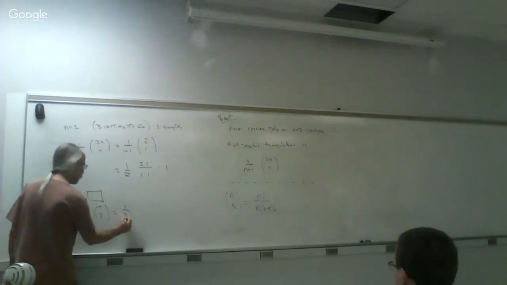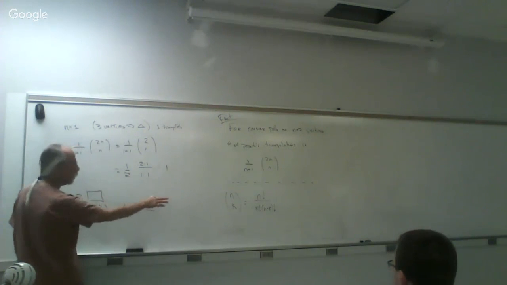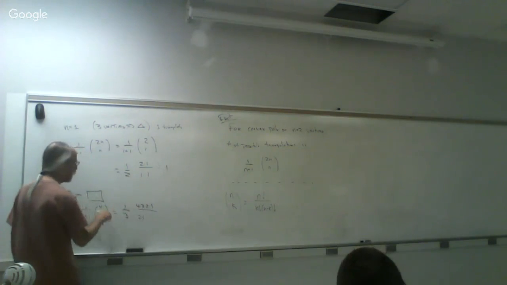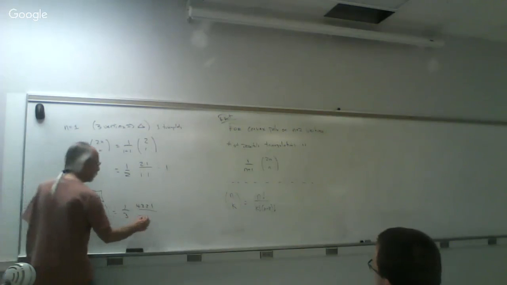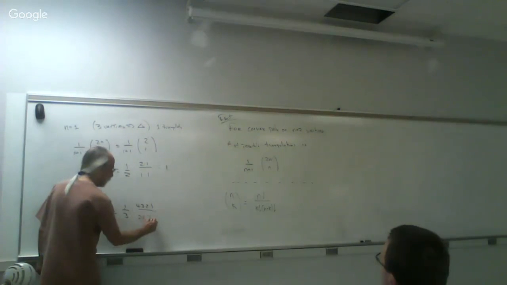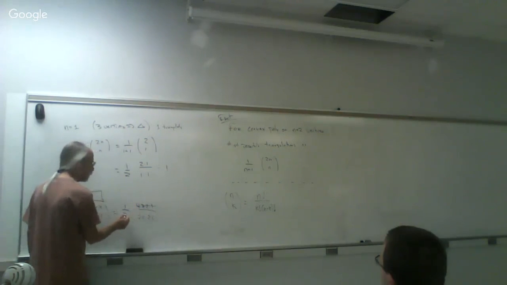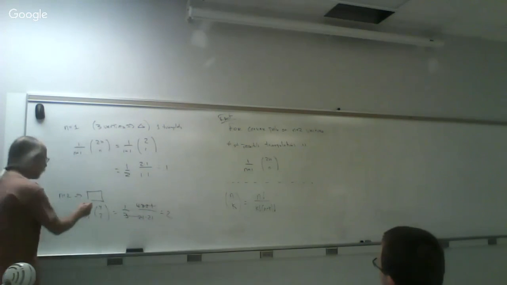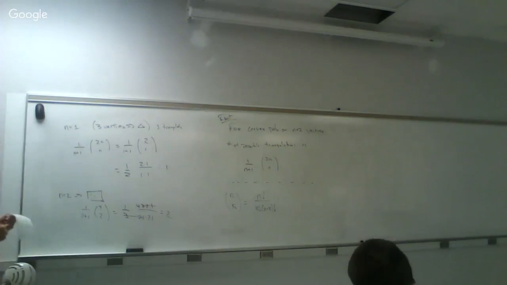So this is 1 over 3, times 4 times 3 times 2 times 1 over 2 times 1, that's the 2 factorial, and the n minus k is going to be 4 minus 2, so that's 2 factorial again. So I basically have a 3 factorial going on here. There goes the 3, 2, 1, and then 2 goes into 4. That gives me 2. And of course, with this guy, I have 2 ways of triangulating. Either one of those diagonals works.